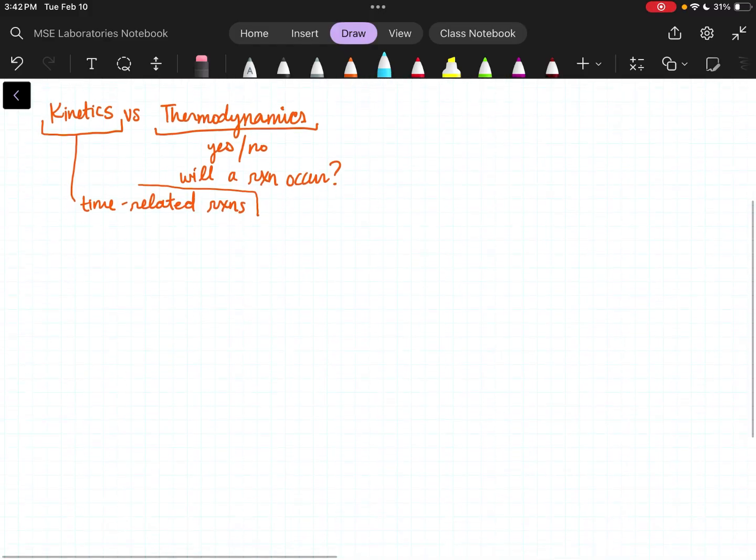Next question. This is related to thermodynamics. In thermodynamics, there are a couple of ways that we can classify reactions. We have endothermic, and we have exothermic.